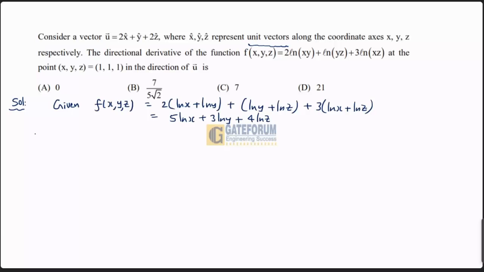Now, this implies grad f, the gradient of the scalar function f, is equal to x cap dou f by dou x plus y cap dou f by dou y plus k cap dou f by dou z, where k cap means z cap here.